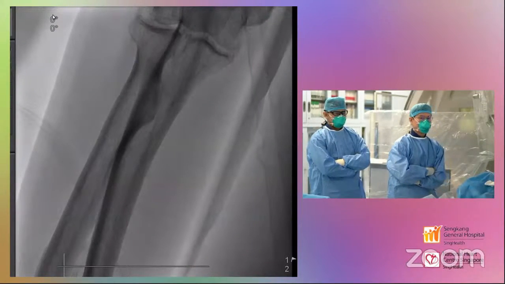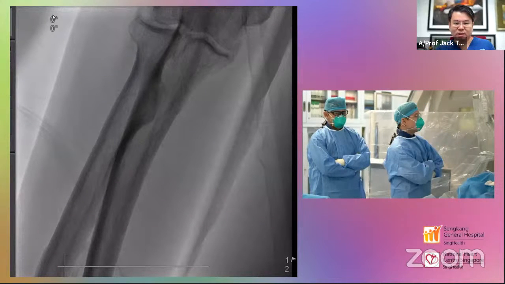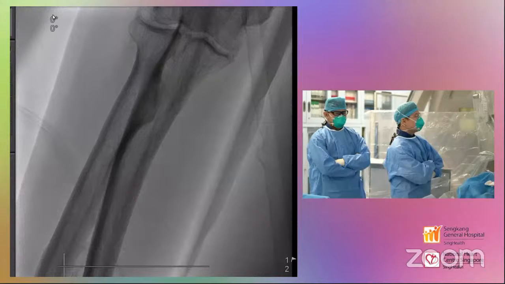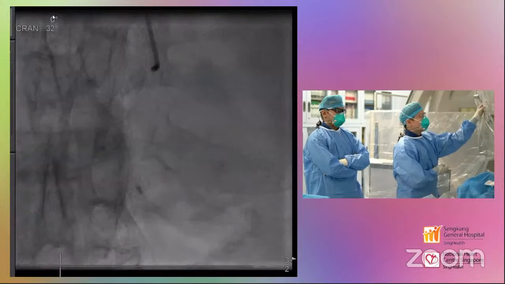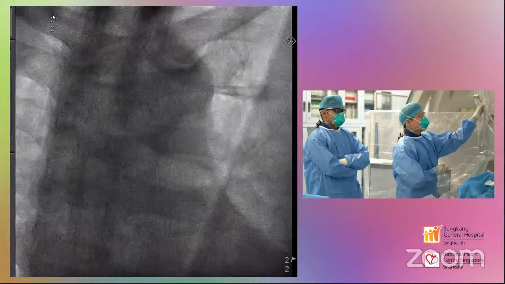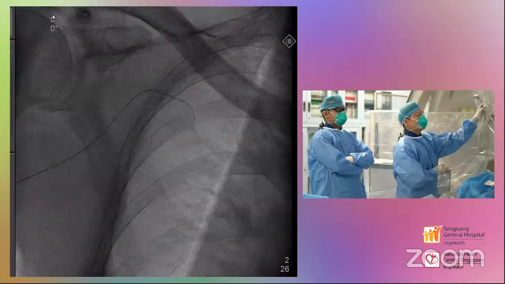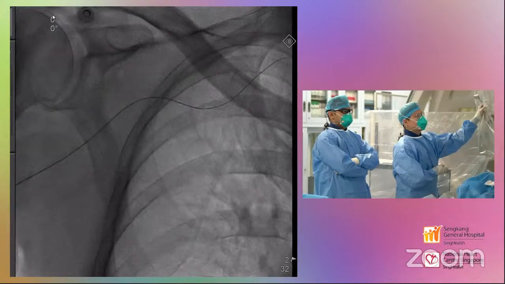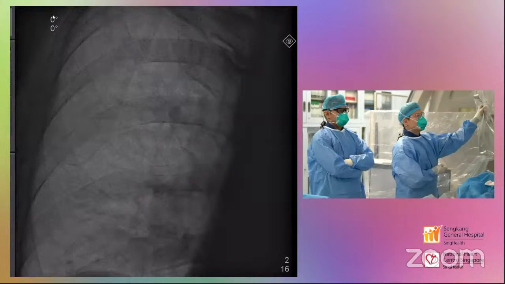Yeah. So maybe can we show the angio pictures? Yeah. Now we're seeing the radial side. Yeah, the patient has a tortuous anatomy, so we did a radial shot first. And just wanted to show you how tortuous the brachiocephalic artery is. So I had to use a hydrophilic wire to pass my catheter down.